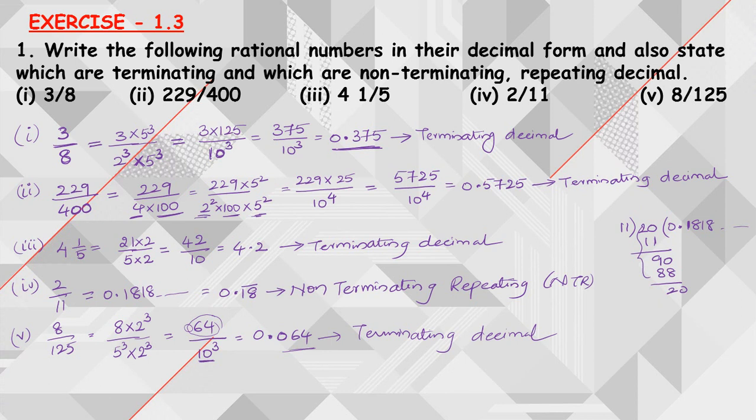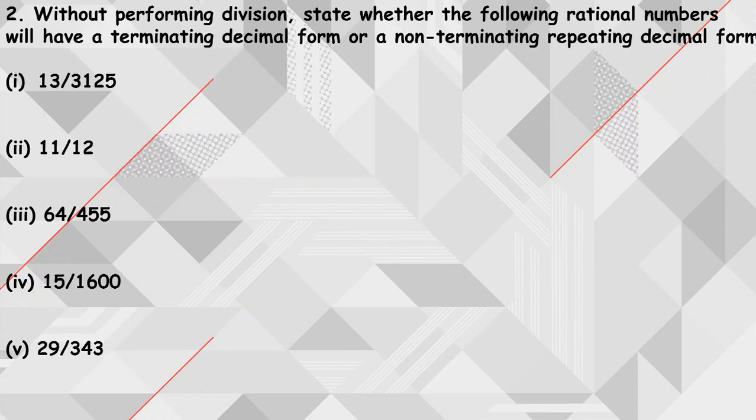Next, moving on to question number 2. It is asking, without performing division, state whether the following rational numbers will have a terminating decimal form or a non-terminating repeating decimal form. So what do you know about this?